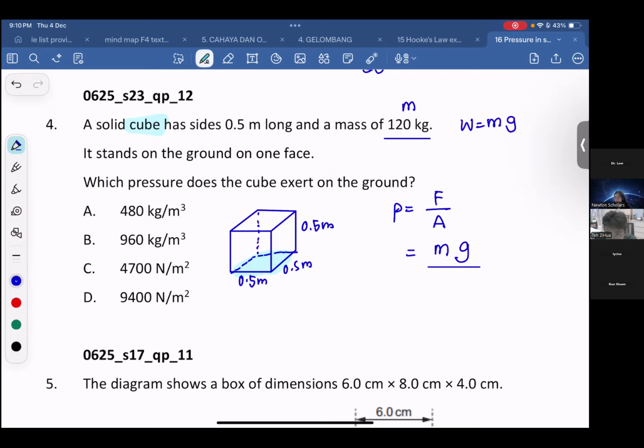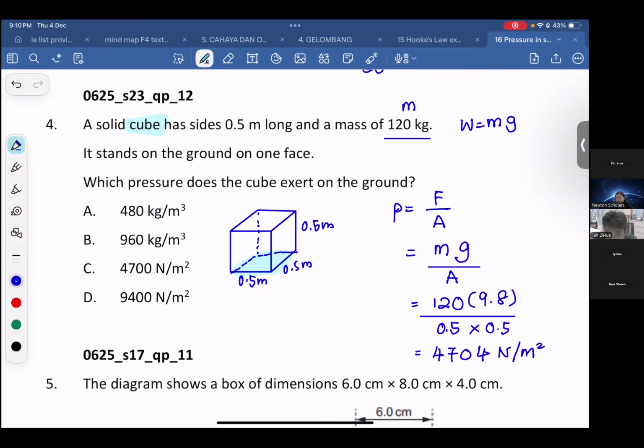The weight actually is a force. Weight is a force divided by area. Your mass is 120 times 9.8 divided by area. Area is the part touching your ground, so it should be 0.5 times 0.5. Emily, correct. So my answer here is 4704 Newton per meter square.